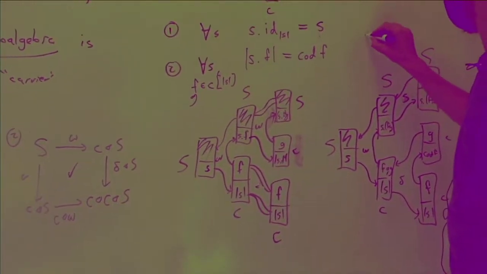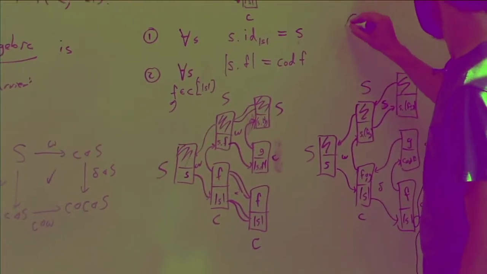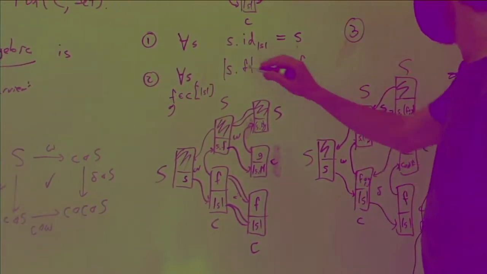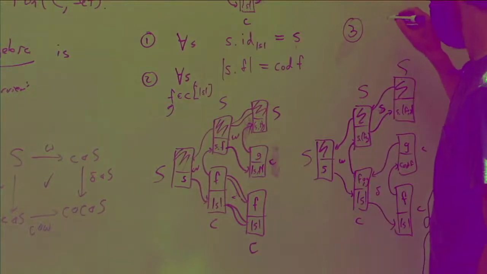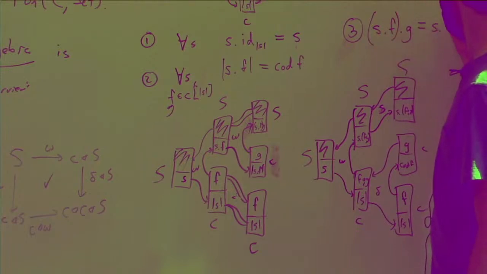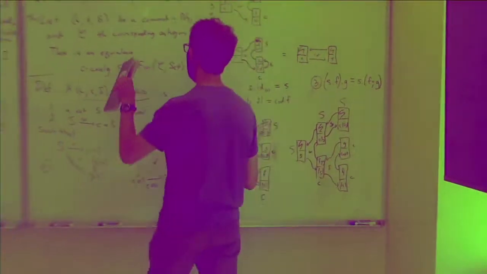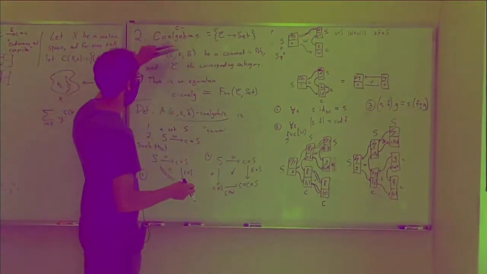So we get that s dot, I guess this might be number 3. But we're getting 2 and 3 from the same spot, from this diagram here. So it says that s dot f dot G is s dot f G. And now we're ready to say what a coalgebra is.